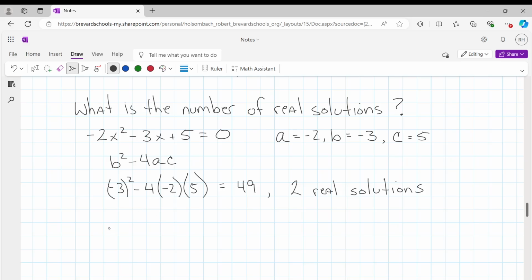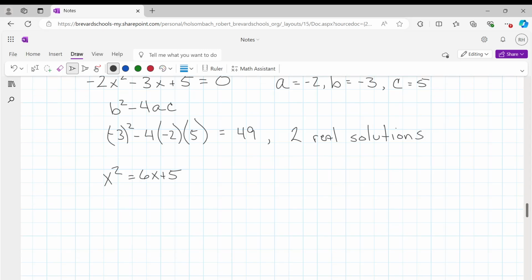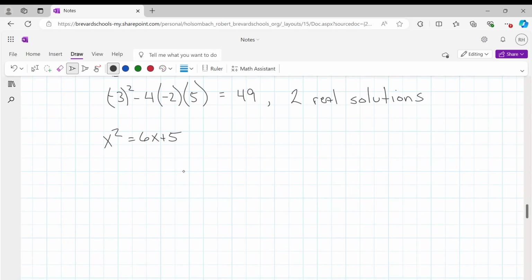If we get x squared equals 6x plus 5, we've got to move the 6x and the 5 to the other side of the equal sign.